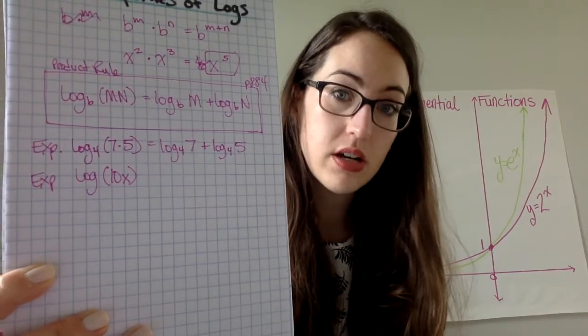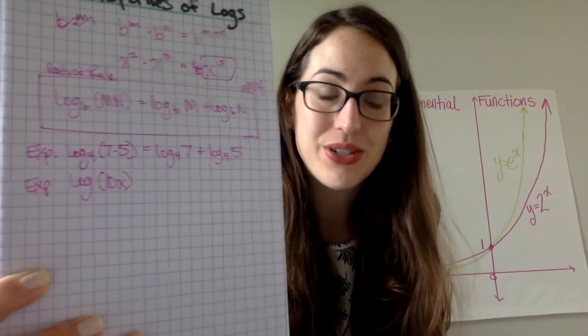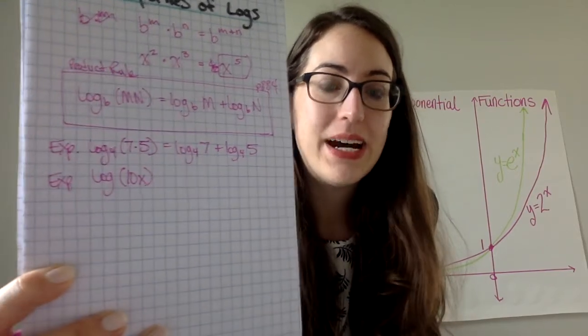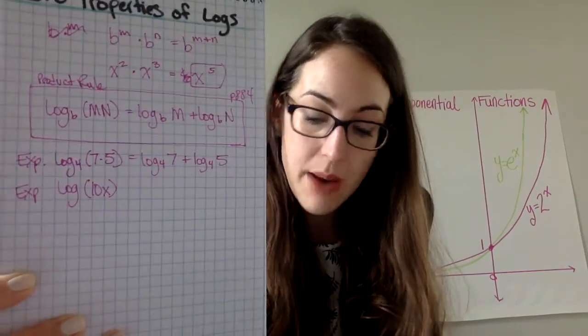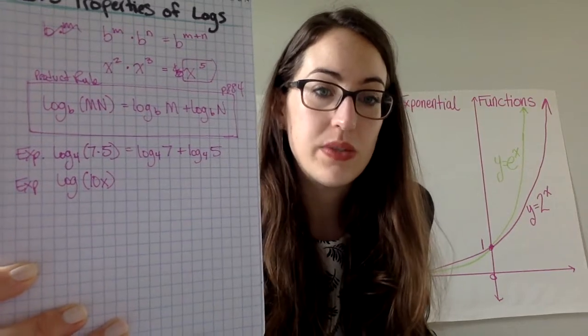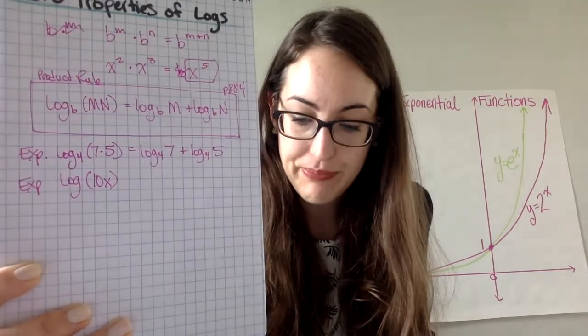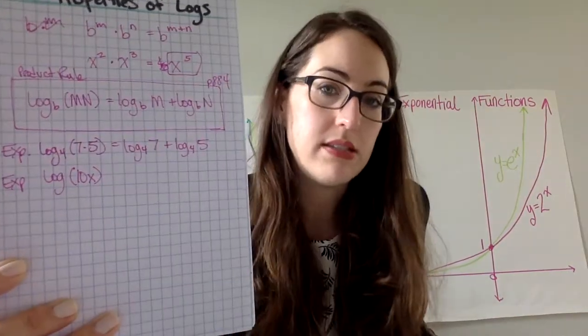That would be a good assumption, using your reasoning skills from what you've learned so far, a good guess. But actually with logs, we have a common log or like standard log. It's always a 10. So it's a standard base 10, and it's assumed that it's a base 10.